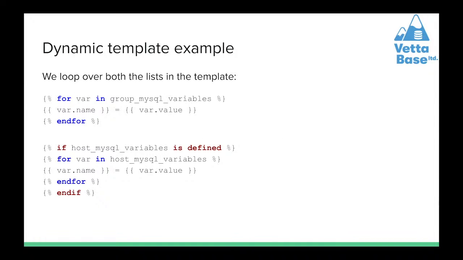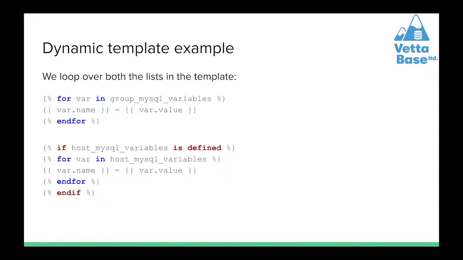And then the template will look like this. What we are doing here is to use the for directive to loop over these lists and print, for each element of the list, the variable name equals the variable value.